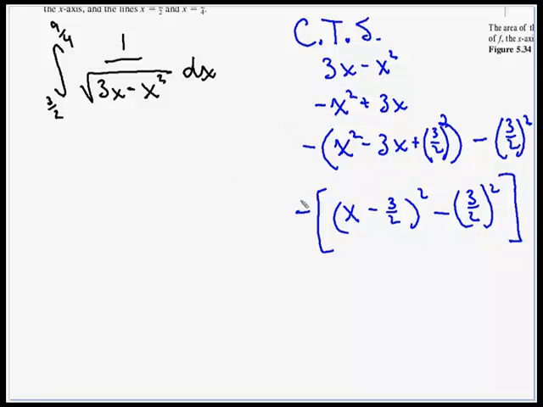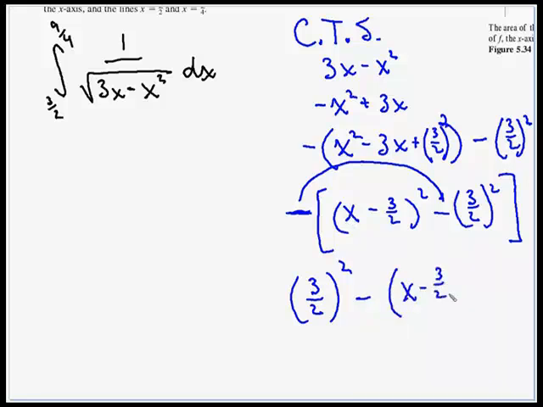Alright, and to get everything back, let's distribute this negative through there again, and we will reverse our terms. So this negative is going to go to this negative, that's going to become a positive 3/2 quantity squared, minus this quantity x minus 3/2 squared, and we're done with completing the square.